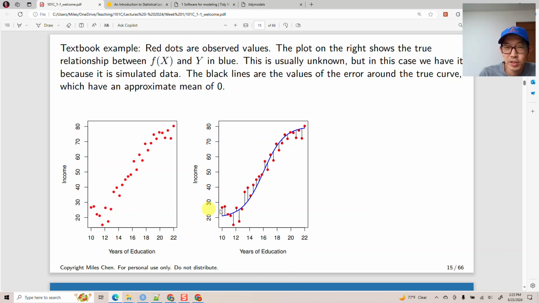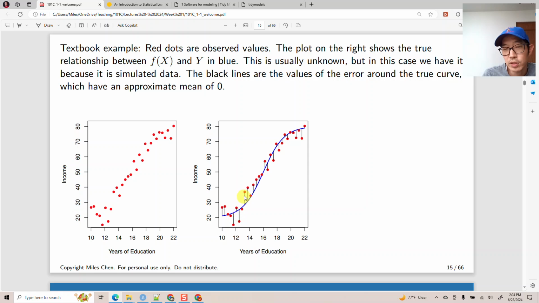So this is simulated data. Normally, this blue line is unknown to us, but here we actually know what it is. The dots that we've observed, these red values, are the observed values. And we have a difference between the red dot and what the line predicts.